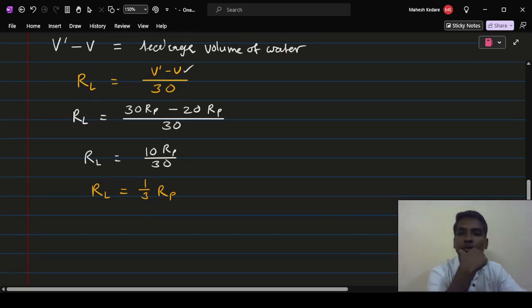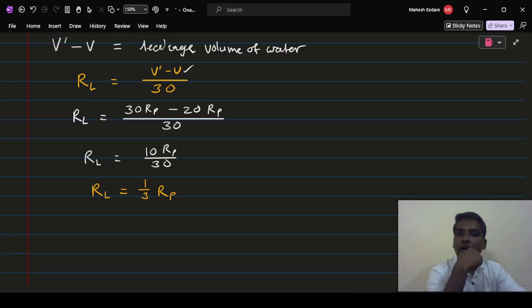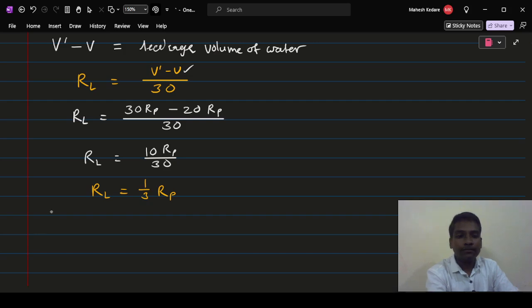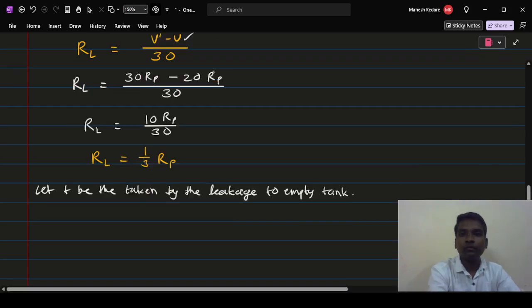Now we have to find how much time the leakage will take to empty the entire tank. So let's assume T is the time taken to empty the tank. V is the volume of the tank which is emptied in time T due to leakage.